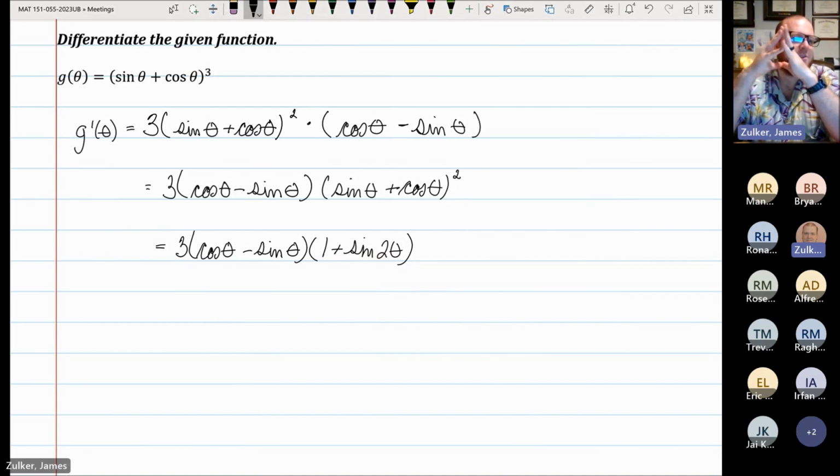Sine theta plus cosine theta quantity squared with appropriate identities becomes 1 plus sine of 2 theta. So you could see that as your derivative.